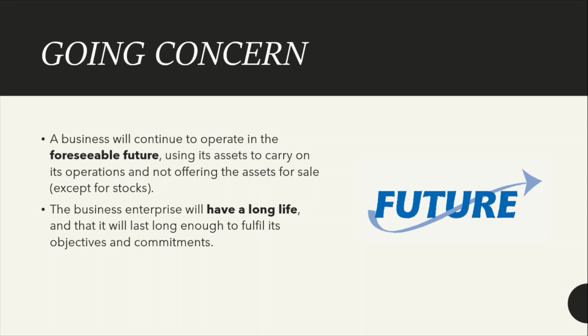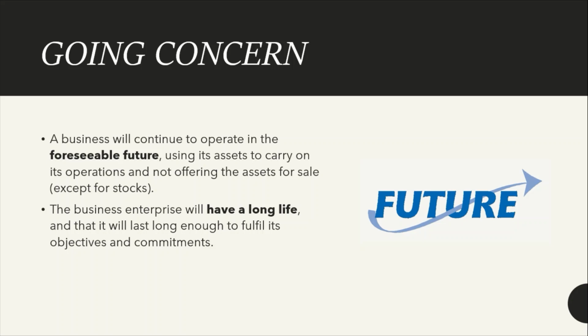A business will continue to operate in the foreseeable future using its assets to carry on its operation and not offering the assets for sale except stocks. The business enterprise will have a long life and will last long enough to fulfill its objective and commitments.